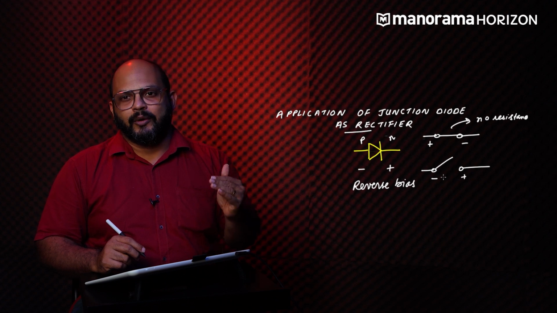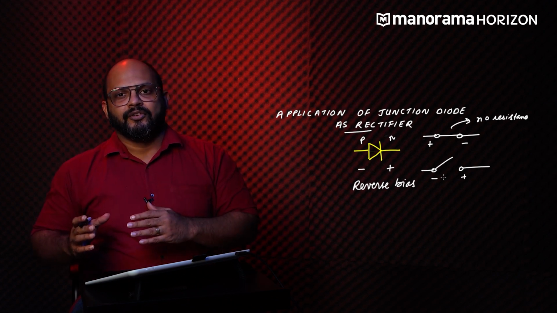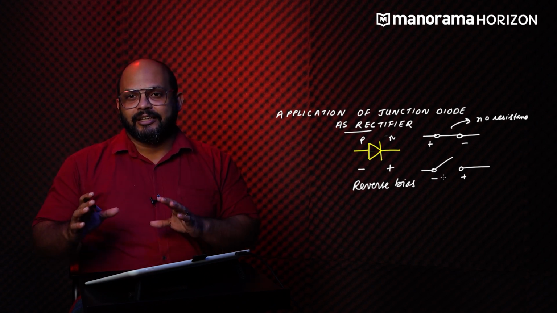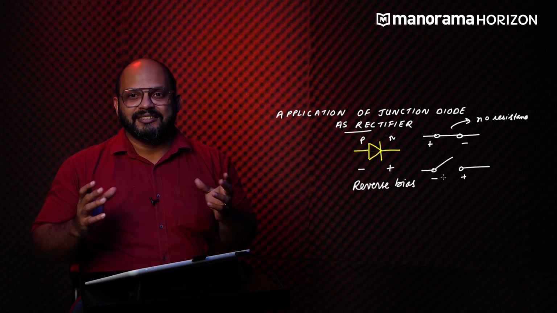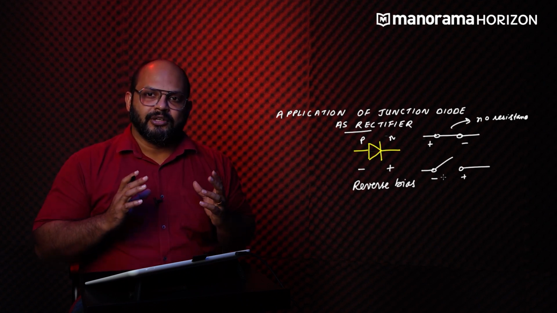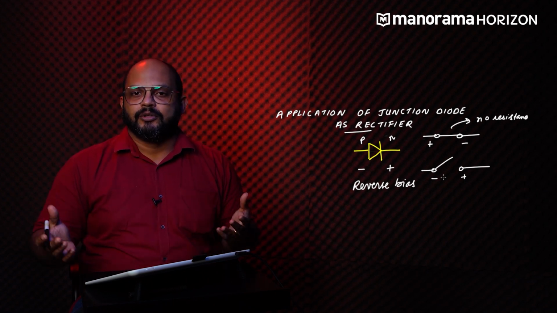It changes direction twice every cycle, and that is obviously not very useful for devices which require a non-changing current in a single direction which is stable, which is DC. So to convert AC into DC, we can use a device which allows only unidirectional flow of current, and that is what a diode does.